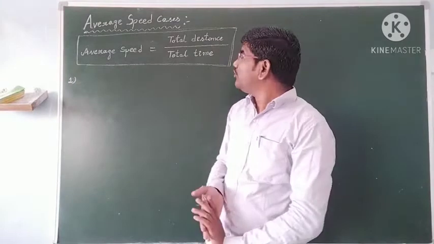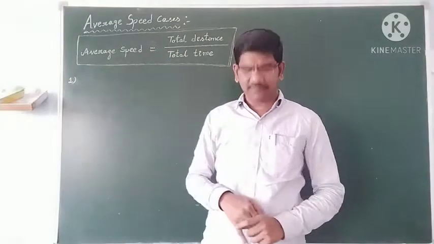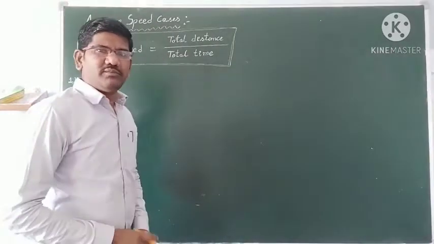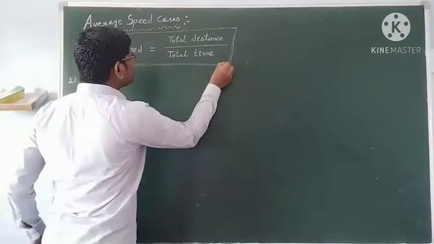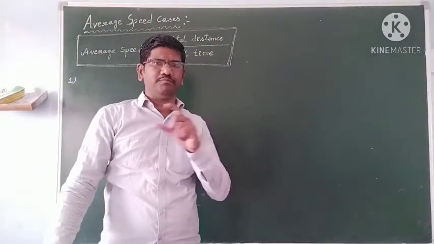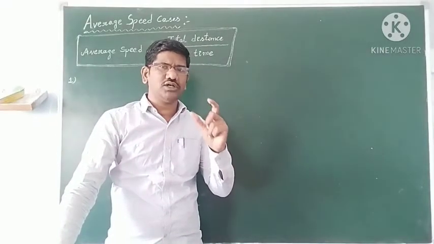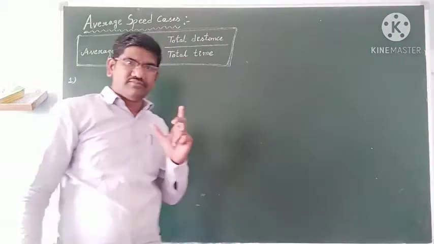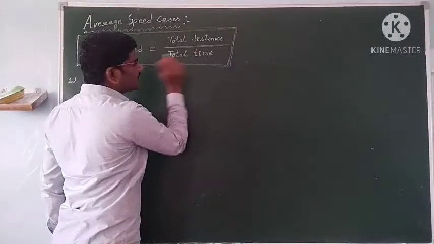So today we will discuss different cases of average speed. We know the formula for average speed. If a particle is in motion, whether uniform motion or non-uniform motion, the average speed of the particle is defined as the total distance travelled divided by the total time taken.